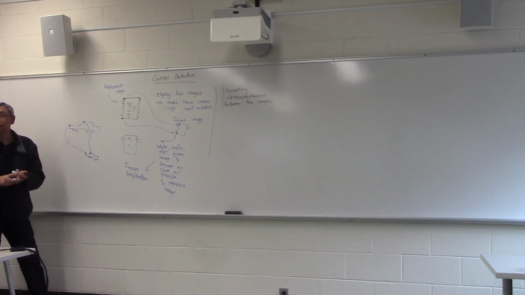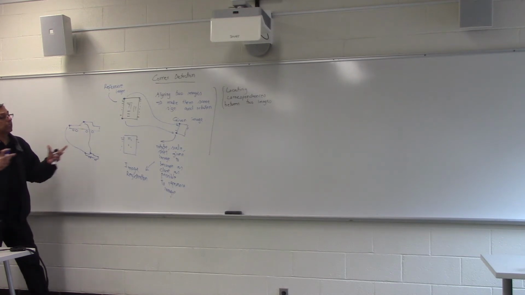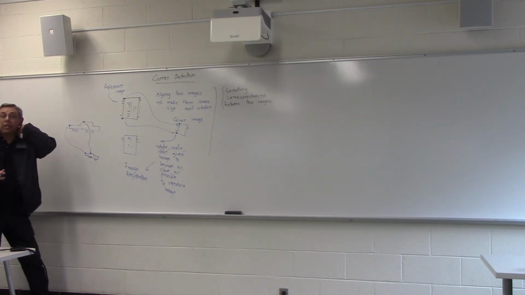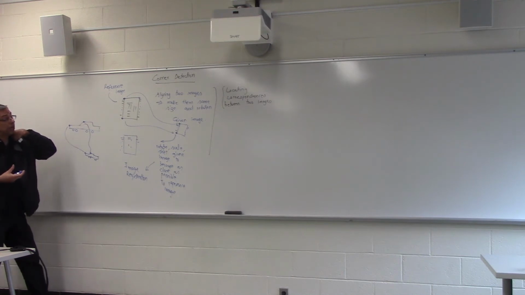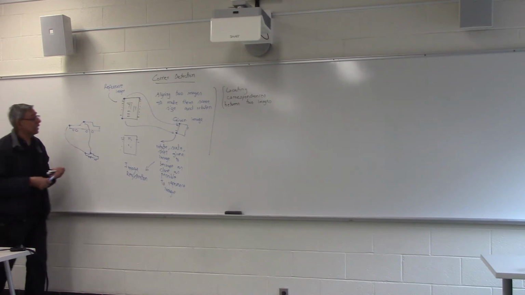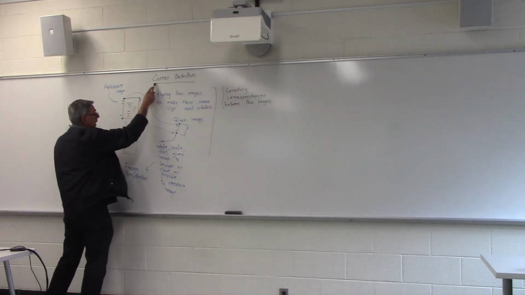So one way of knowing the correspondence, or let me backtrack. If we know the correspondences, as I will show you, we can set up a mathematical equation to align the two images fairly easily, and we'll go over the math of how that works. But the prerequisite, like I said, is we have to know the corresponding points. One way to do that is through corner detection.